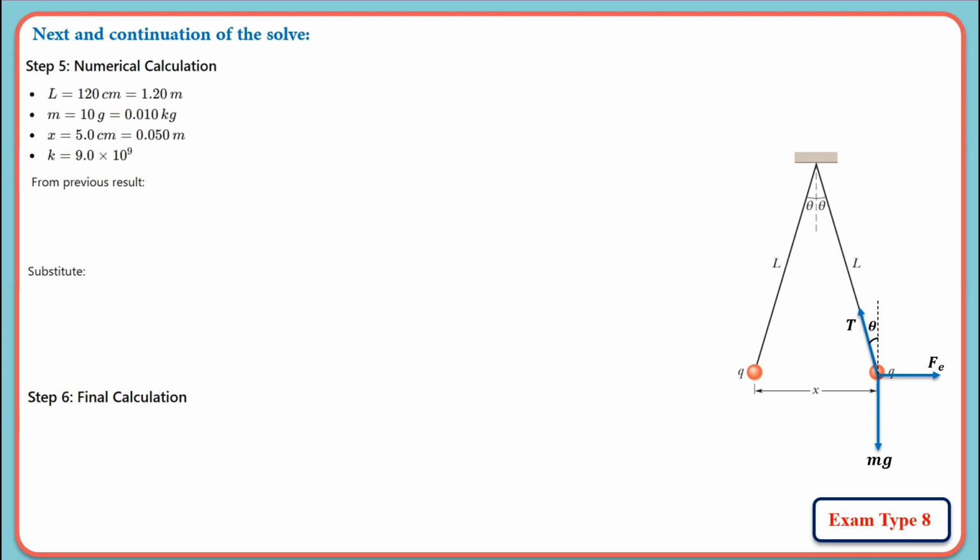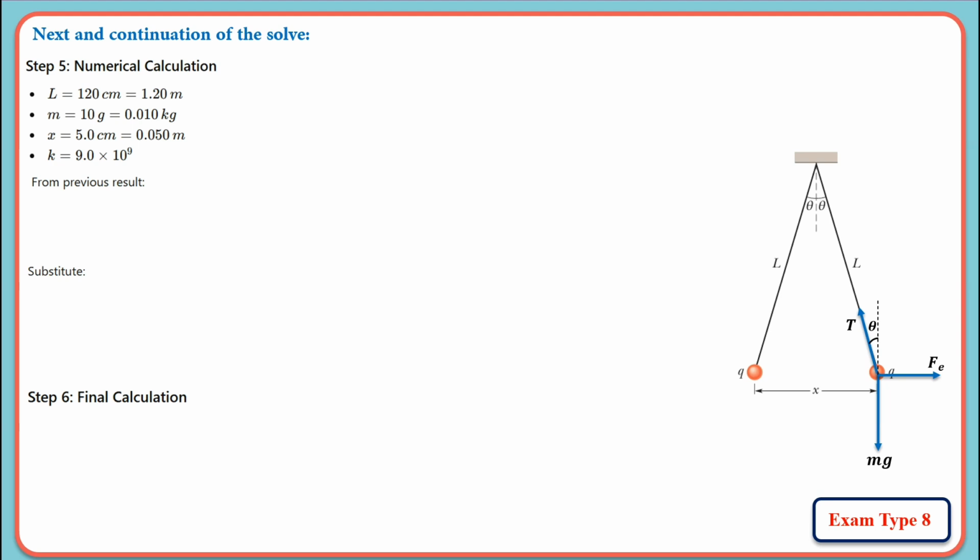Step 5. First, convert all quantities into SI units. The string length becomes 1.20 meters. The mass becomes 0.010 kilograms. And the separation distance becomes 0.050 meters.